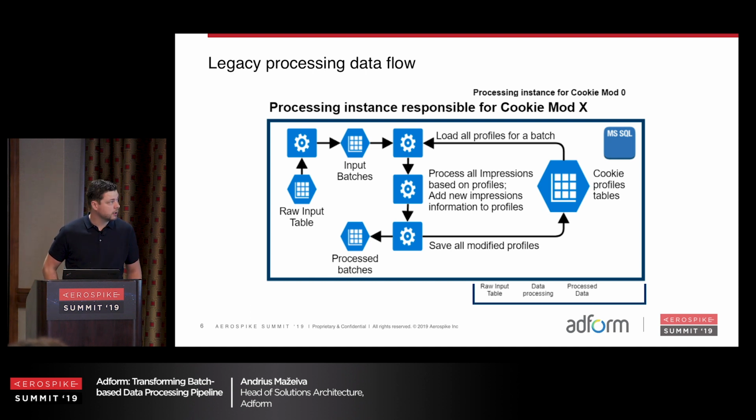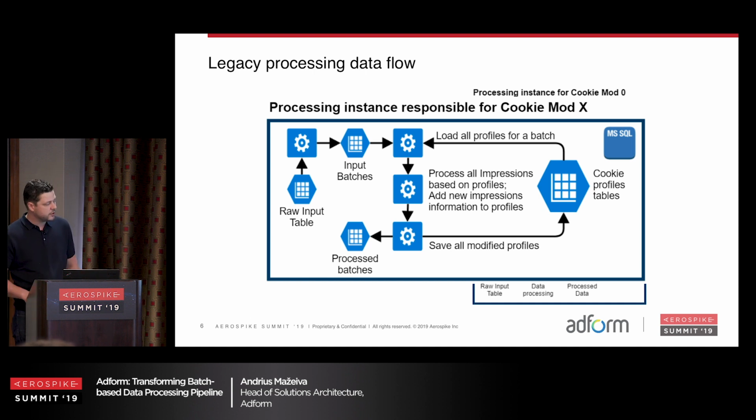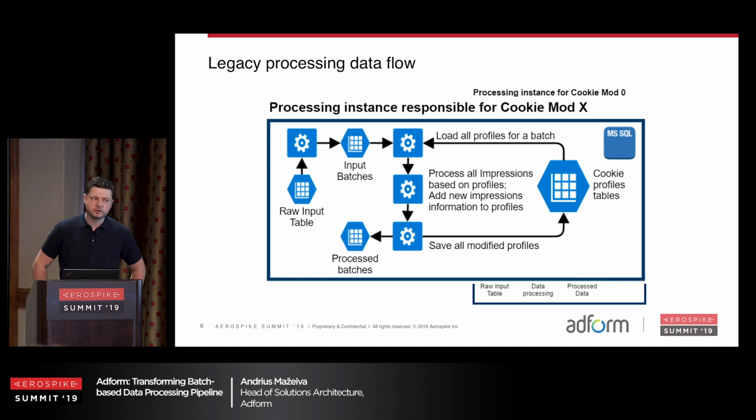So let's take a deeper look at what happens in each processing instance. As I mentioned, all data from the router lands in the raw input table. After that, we have so-called pre-processing, which is responsible for forming input batches.